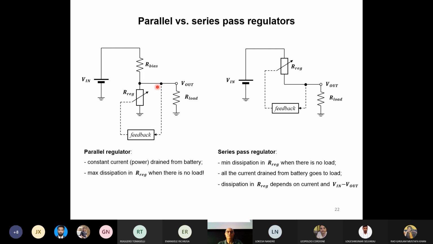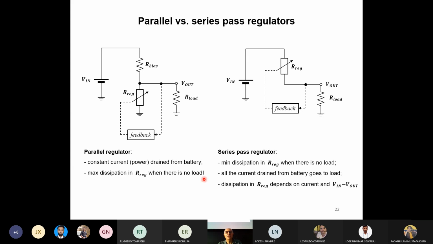But as I told you, this is very inefficient. Yeah. Just a few notes. There is a constant power that is drained from the battery, whether we have the load or we don't have the load, and also the maximum dissipation, this element here, the regulator element, is when we have no load.